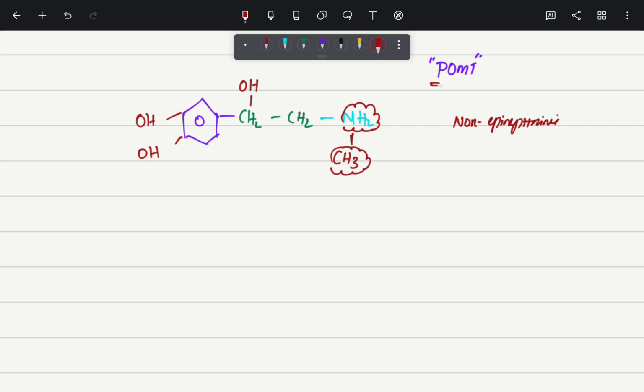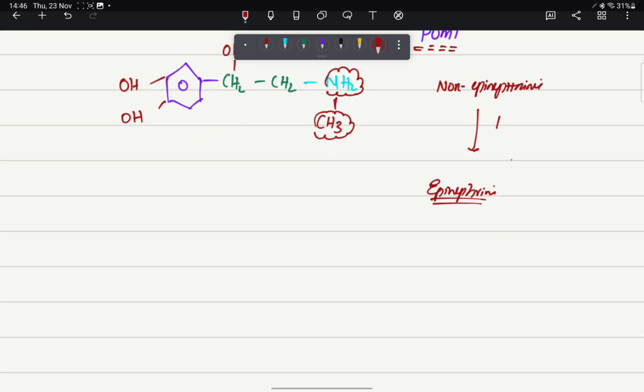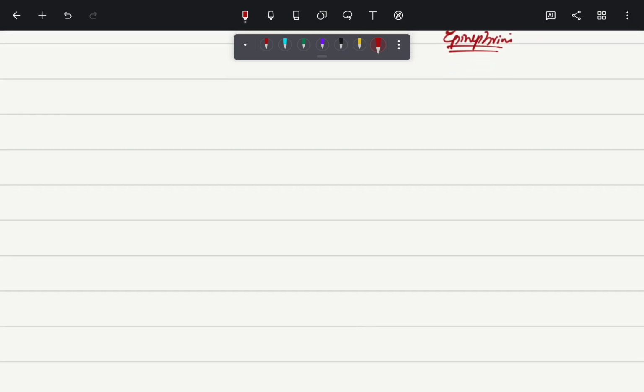Hence the name phenylethanolamine methyltransferase. Okay, so methyl is getting transferred to the amine group, and this norepinephrine is converted into epinephrine in the process by adding a methyl group to the amine. Okay, what was the enzyme here? Phenylethanolamine methyltransferase. I hope you are clear with this.